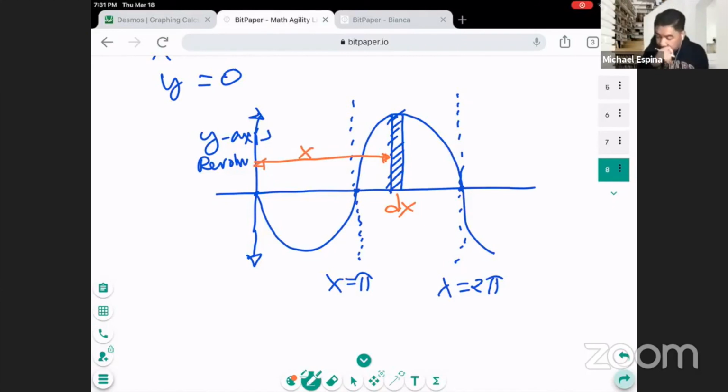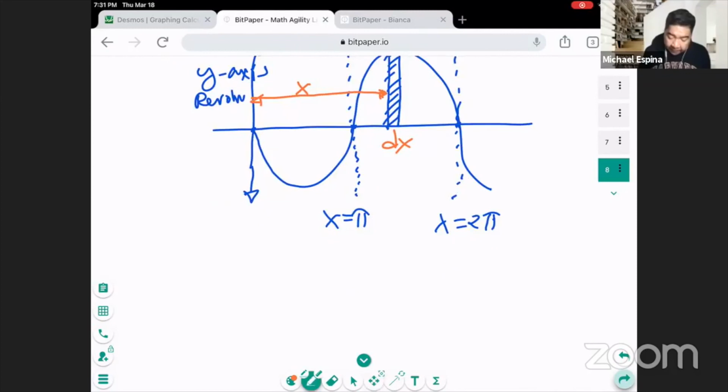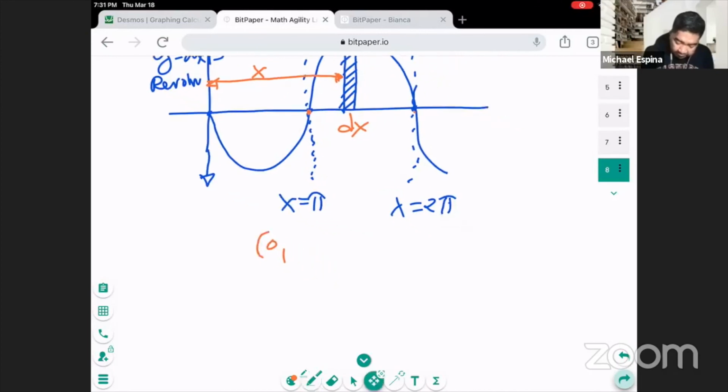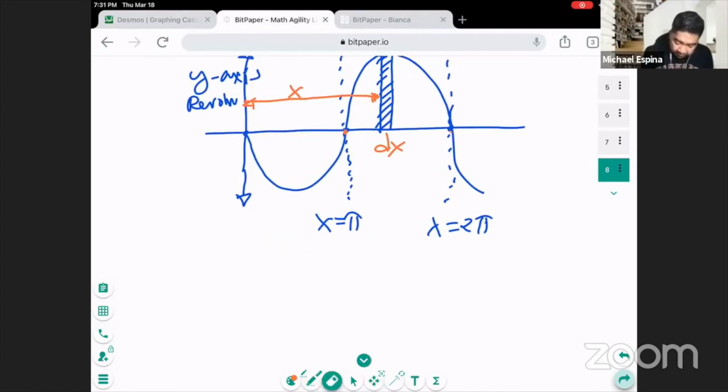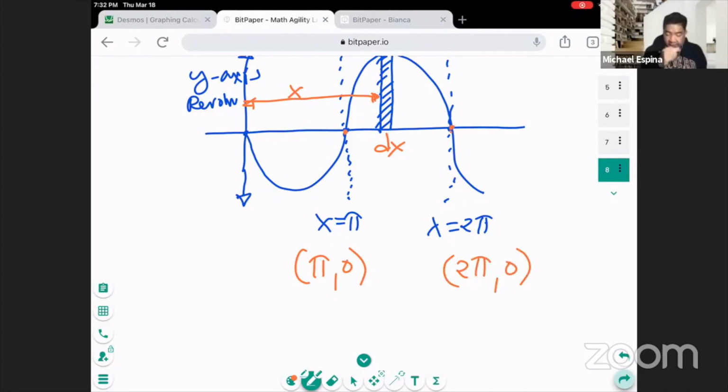So how do we form our equation? Since we already know our intersections, this point here is pi, 0 and this is 2 pi, 0 at the other end. When we revolve this dx slice around the y-axis, it will form a cylinder.